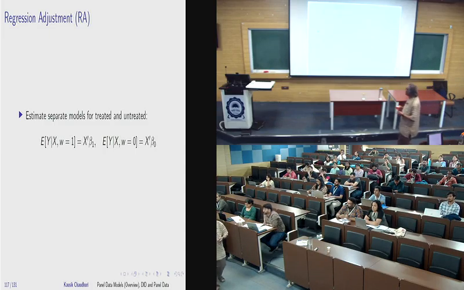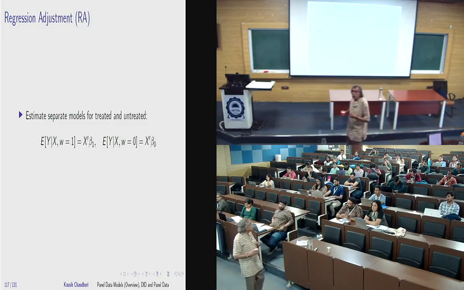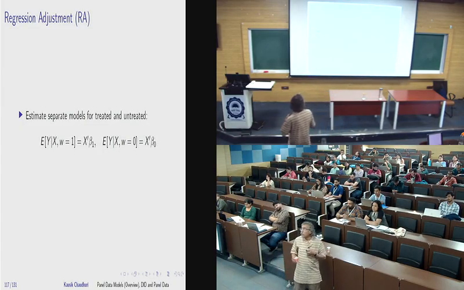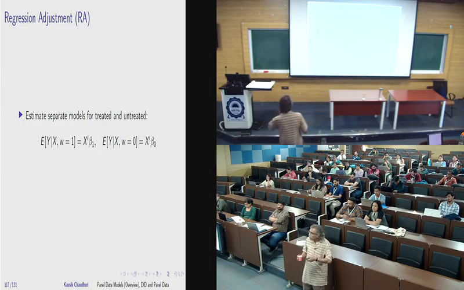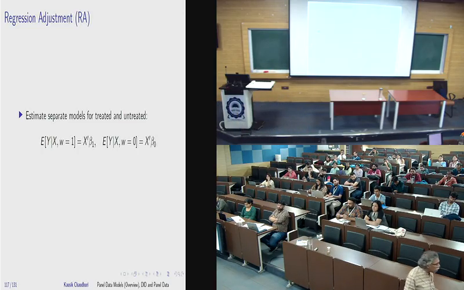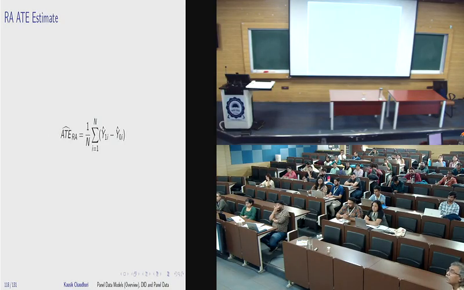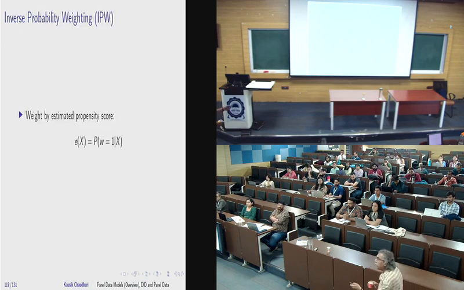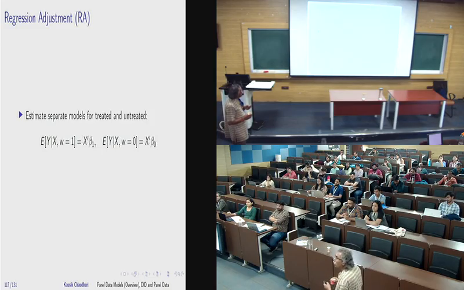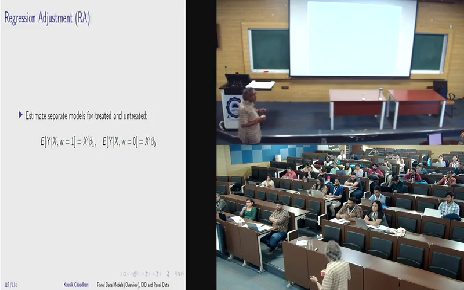In regression adjustment, what we do, we run 2 separate regression, one for the treated group and one for the untreated group. So for the treated group, it is beta 1 is the coefficient. For the untreated group, the coefficient is beta 0. Then I want to adjust this by the predicted value of the group 1 and the predicted value of the group 2.